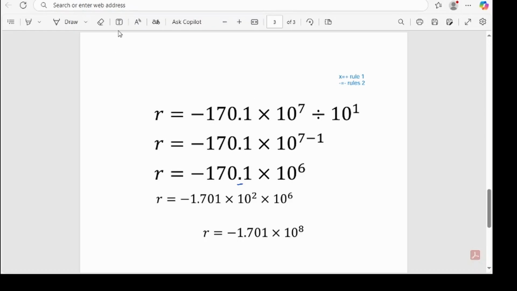So let me state the rule here so that when we apply it, you don't get lost.